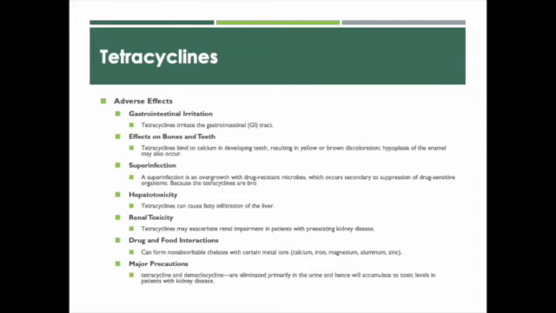Now, let's circle back and talk about the drug and food interactions in a little bit more depth. Tetracyclines can form non-absorbable chelates with certain metal ions like calcium, iron, magnesium, aluminum, and zinc.